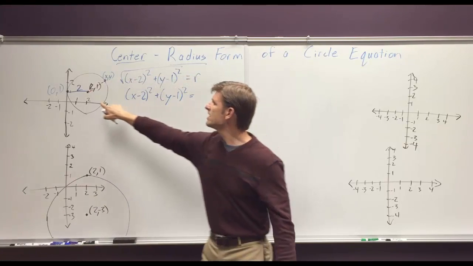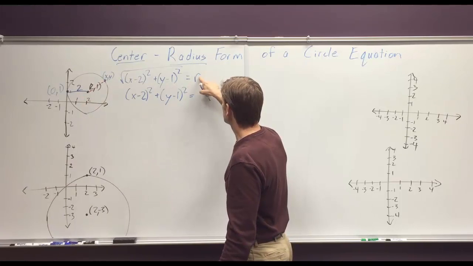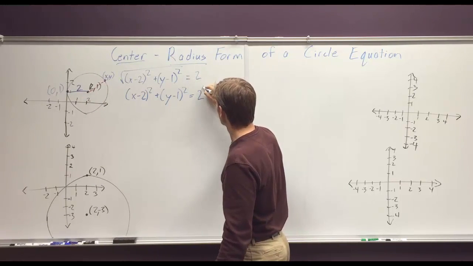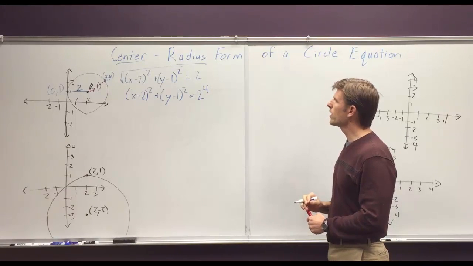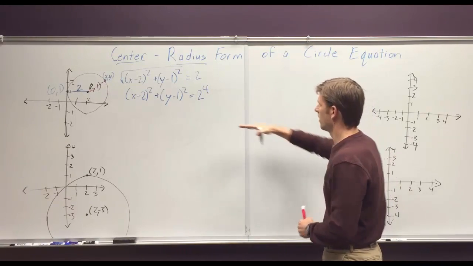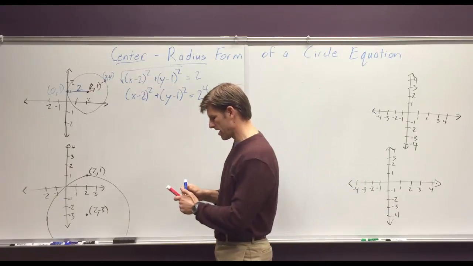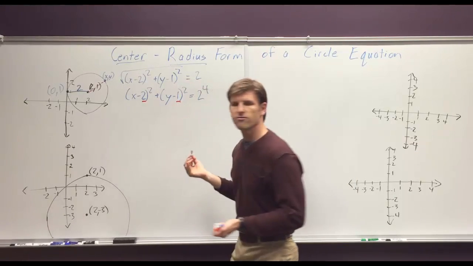Well, what's the radius of this circle supposed to be? It's supposed to be 2. So we have 2 squared. This is called the center radius form of a circle, okay? And the reason that it's called that is pretty clear, hopefully. You can read off where the center is.